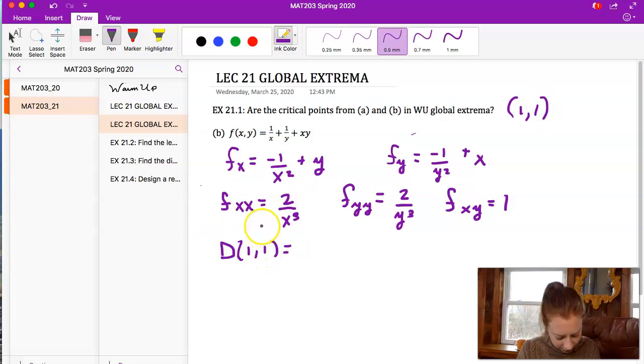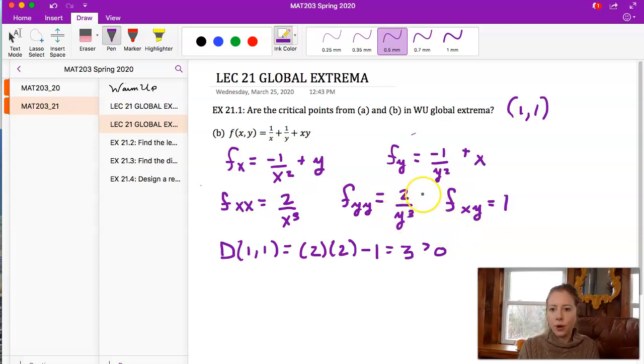All right, and so this is going to be 2 times 2, plugging in 1 for 2 over x cubed and 1 for 2 over y cubed, minus 1 squared, which is just 1. And this is going to give us, once again, 3, which is greater than 0, which tells us we have a local min or max.